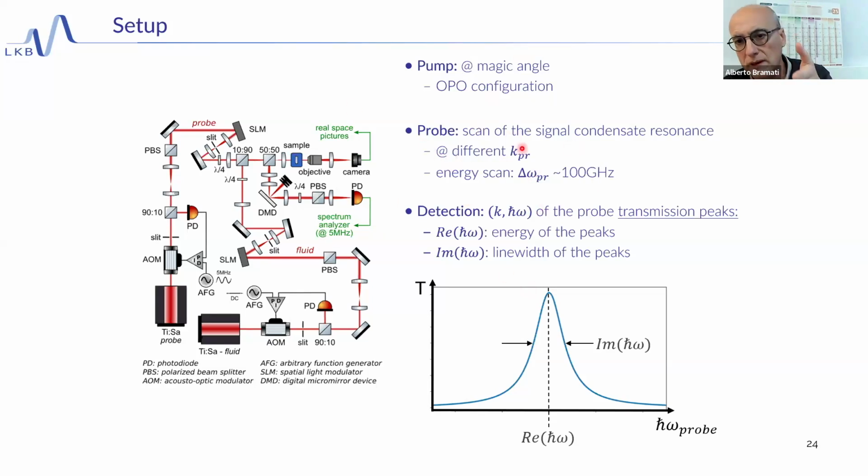So our probe is probing the signal condensate resonance, and we detect the dispersion relation, and in particular the position of the peak gives us the real part of the dispersion relation, and the linewidth of the detected peaks gives us the imaginary part of the dispersion relation.